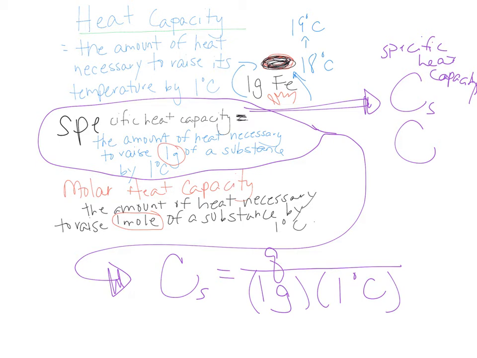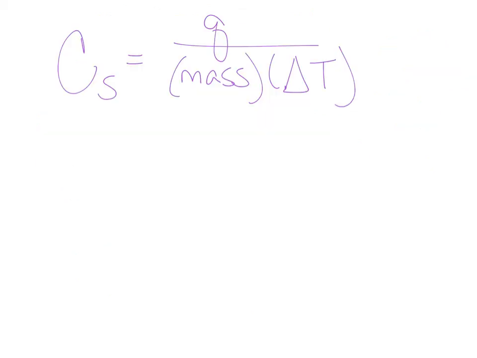A more generic equation for this, I'm going to write on the next page. I've rewritten my specific heat capacity in a more generic way. I still have the amount of heat required to raise it by one degree, but if I want to figure that out, I would take a certain mass, record the change in temperature and how much heat was required to make this change in temperature, and if I divide the heat by the mass times the change in temperature, I'd get the specific heat, just because that's how we defined this.